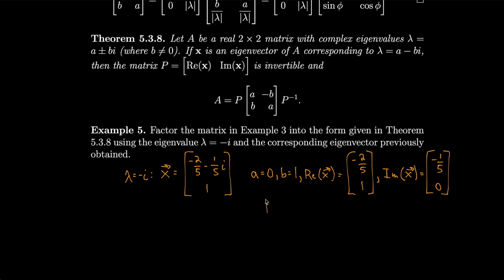So then we have P is equal to the real part of x and the imaginary part of x, and that's equal to [minus 2/5, minus 1/5; 1, 0].